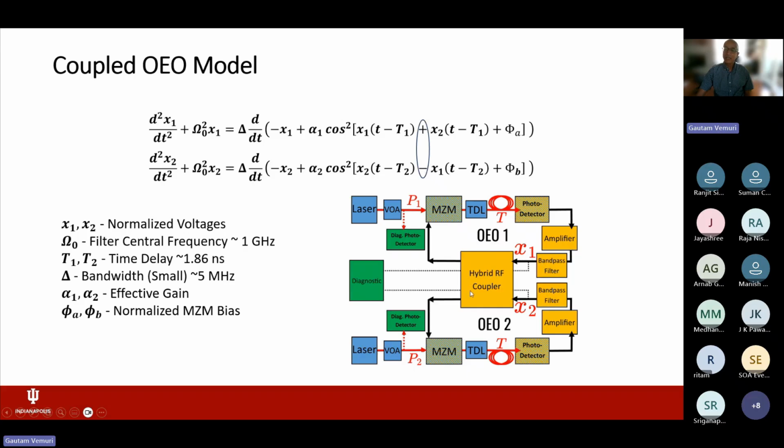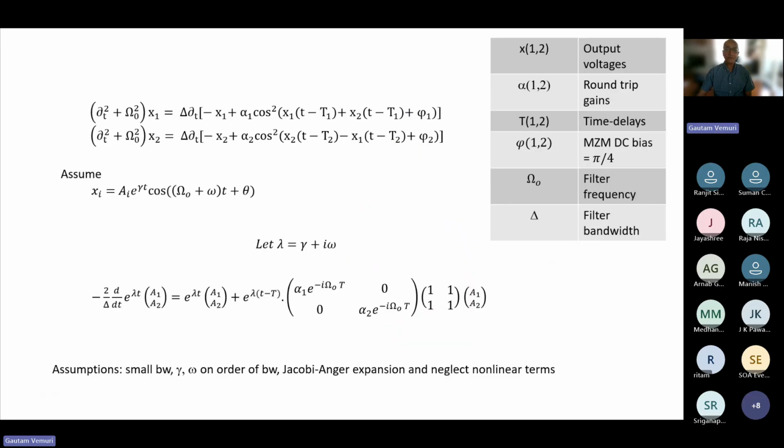But because it's all electronic components, I can make this coupling real, I can make it imaginary, I can make it purely complex. I can do all kinds of things, but I won't go into the details of all those things for now. It's very similar to the laser model, but it has some flexibility that I'll show you in a minute that I can't get with the laser.